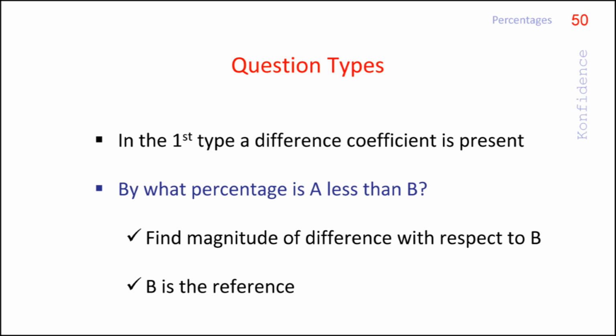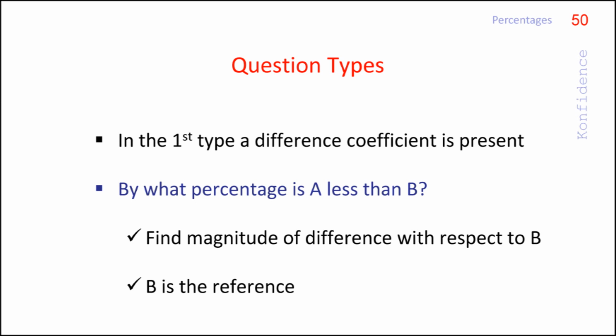This question states that A is less than B and it urges us to find out the percentage of the difference with respect to B. The question wants us to find out the magnitude of the difference with B as reference. So, in our age-old counting system, we will start reverse counting from B to find out the difference between A and B, and therefore B is the basis on which the calculation will happen.